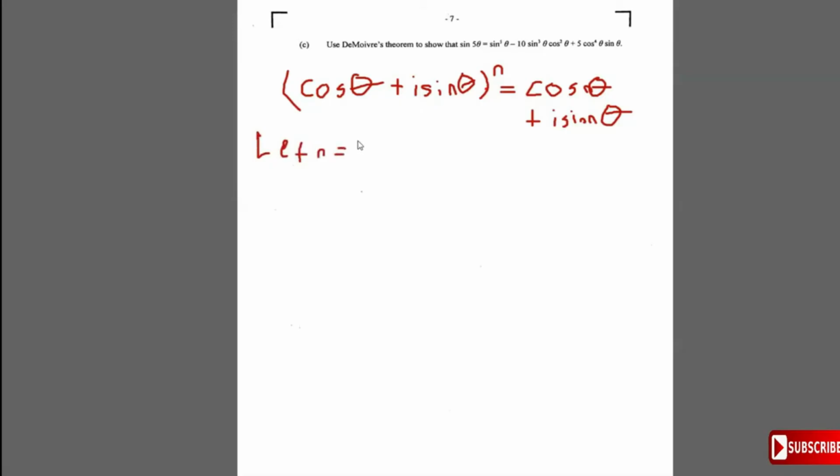You're going to get cos theta plus i sine theta to the n, which is now to the 5th power. cos theta plus i sine theta raised to the 5th power is equal to cos n theta, which is cos 5 theta, plus i sine 5 theta.